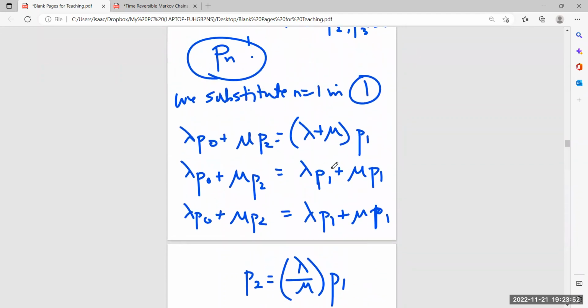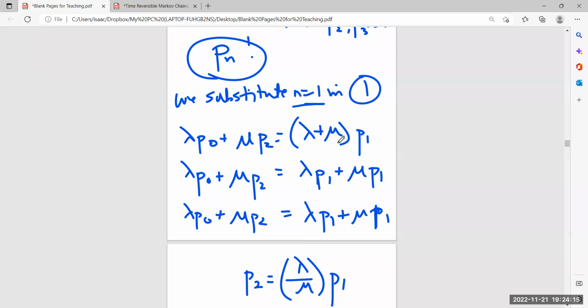So you're substituting n equal to 1 inside the general expression that we found before with the Pn, the Pn minus 1 and the Pn plus 1. Right? So this is what we're doing. And when we put n equal to 1 inside that expression, this is what we get here.